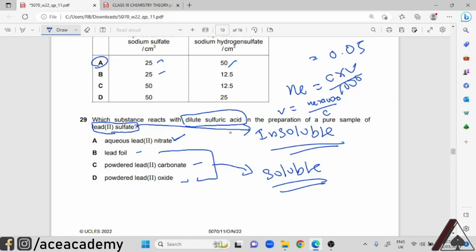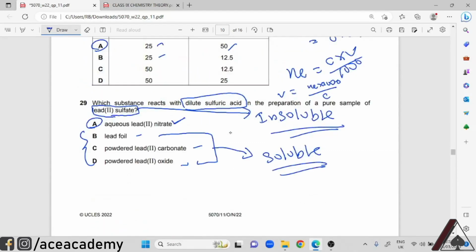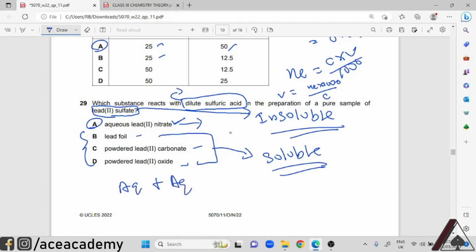As a result, the last three options are not acceptable, and option A is the answer. This is because this is an aqueous solution, and this is also an aqueous solution, and two aqueous solutions together form an insoluble salt in the process of precipitation reaction.